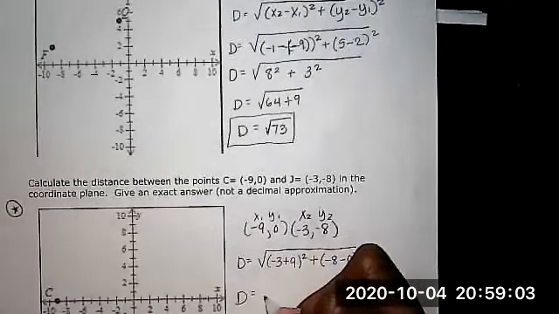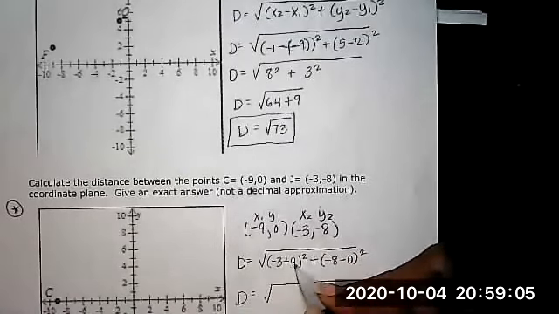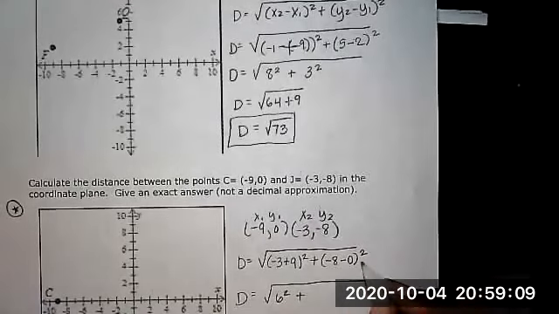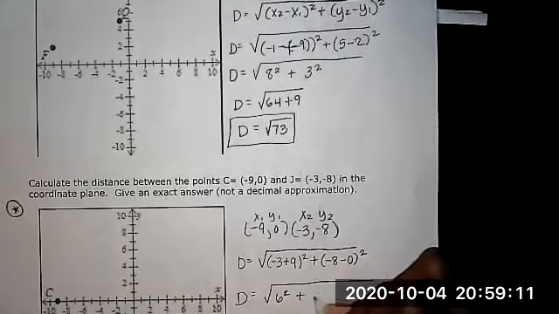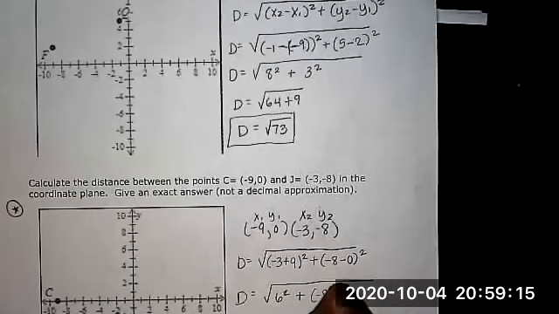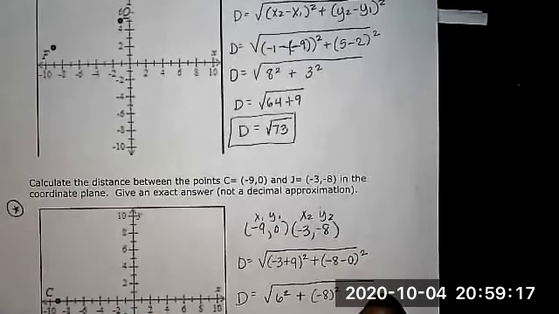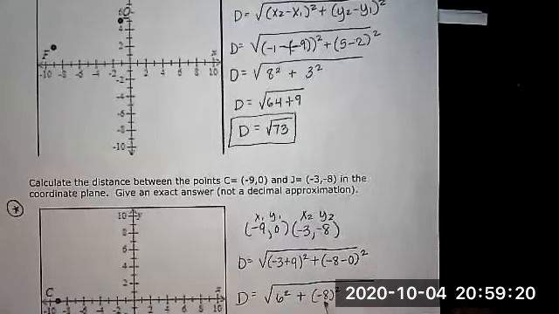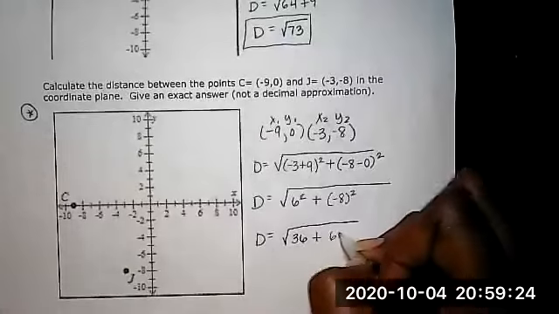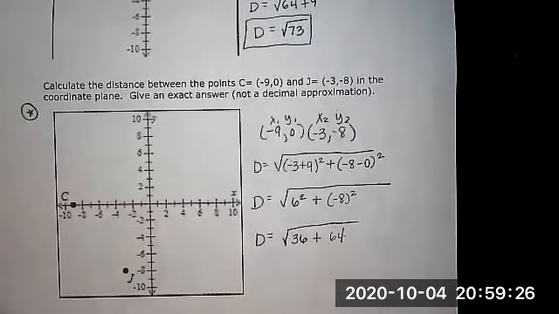And let's do it by hand. Negative 3 plus 9 is 6, so 6 squared, plus negative 8 minus 0 is negative 8, negative 8 squared. 36 plus negative 8 squared, which is 64. Okay.